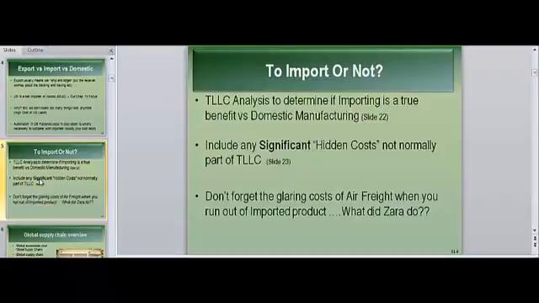Hint, hint, we talked about all that travel expense to have people constantly in the air going to the overseas factories. So that's something that can sway a decision about where products should be sourced that's never thought of up front, or rarely thought of up front when those decisions are being made.